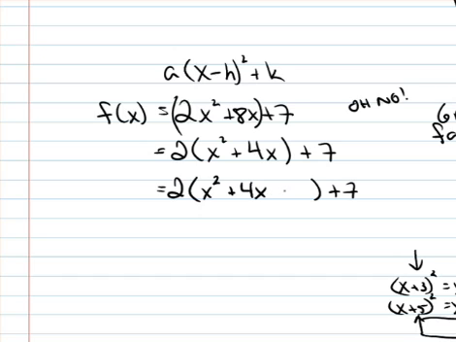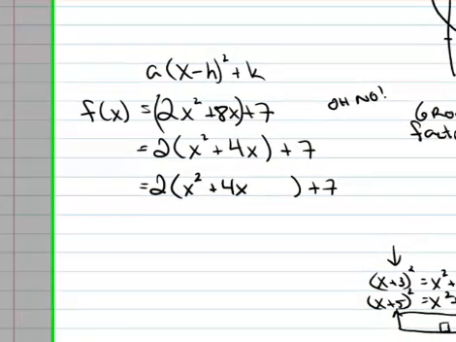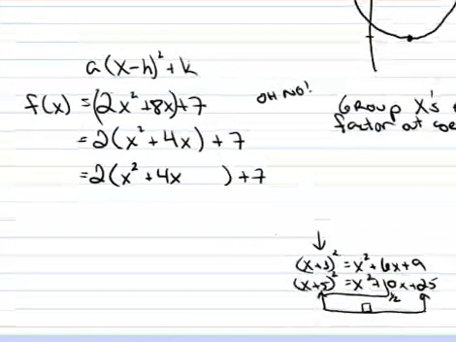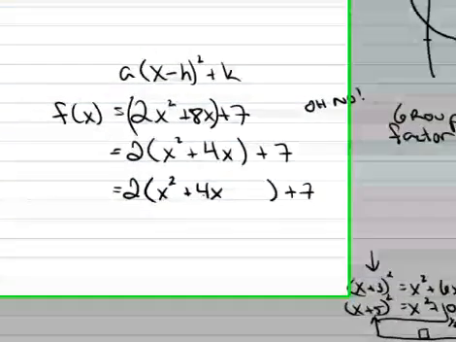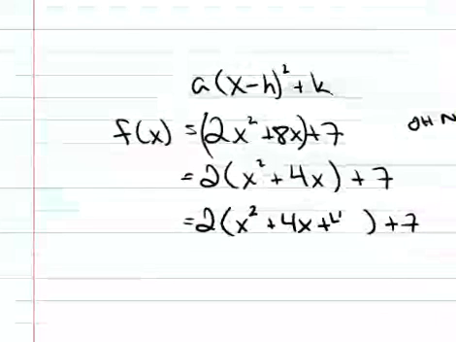I want to factor this, and we know that the last number in the trinomial is the square of the second, and it is also half of the middle. So what is half of 4? 2. And what is 2 squared? So I'm going to put 4 in there.